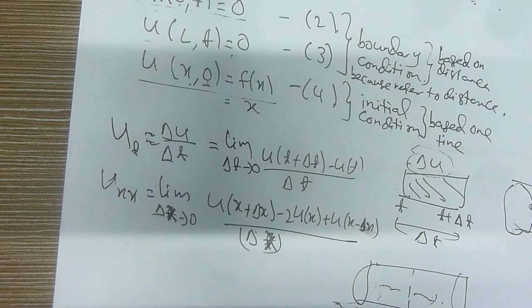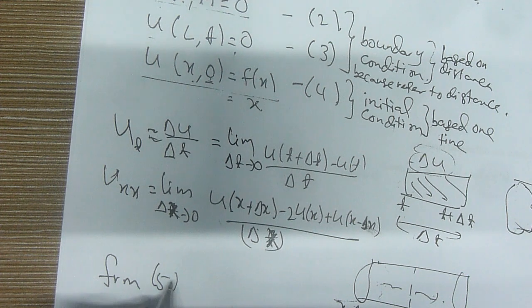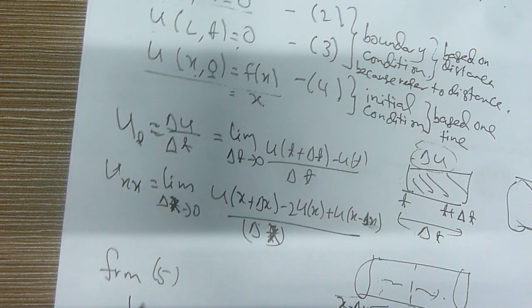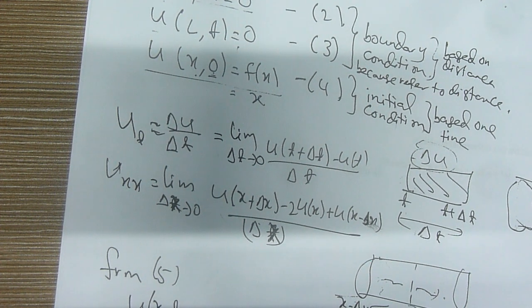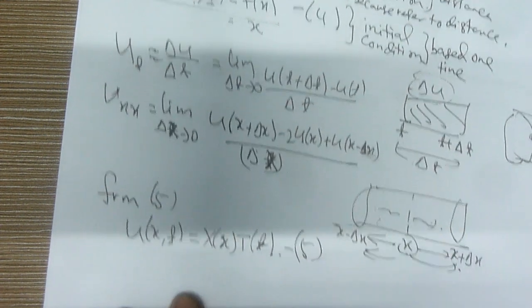Now based on that, as we know from example 5, if I'm not wrong, is it example 5? We already learned u(x,t) equals X(x)T(t), that is number 5.